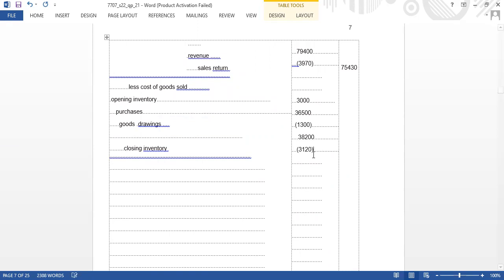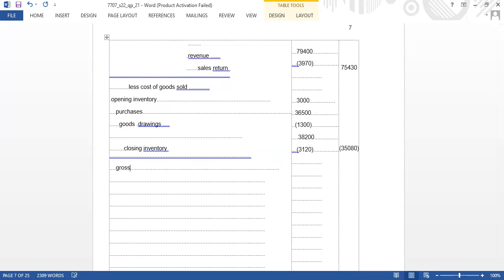Closing inventory is 3,120, that will be deducted to calculate gross profit.